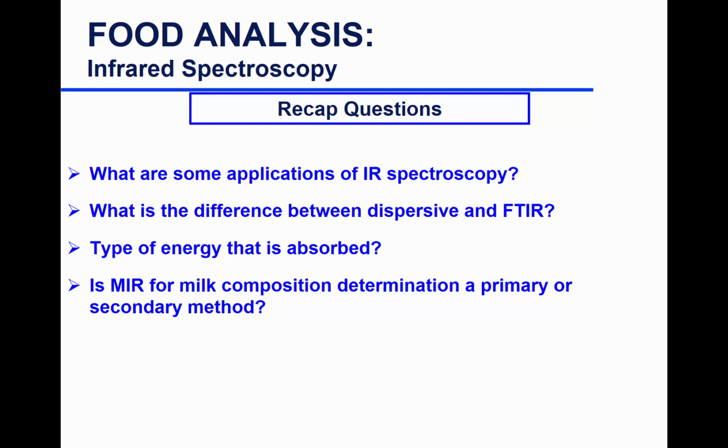And why are secondary methods called secondary methods? Jill? They are calibrated by primary methods. So they are secondary methods because they need calibration, and we calibrate them using the official primary methods of analysis. So mid-IR requires calibration by primary methods of analysis. Mid-IR for milk and near IR for any other compositional determination.